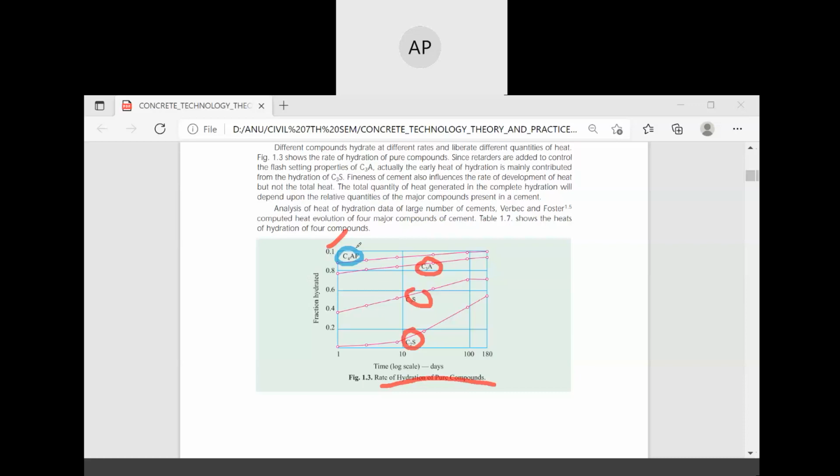So this compound liberates more heat. Have you understood? This major compound C4AF liberates more heat as compared to the other compounds C3S and C2S.